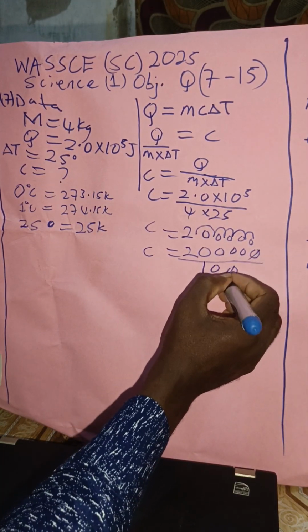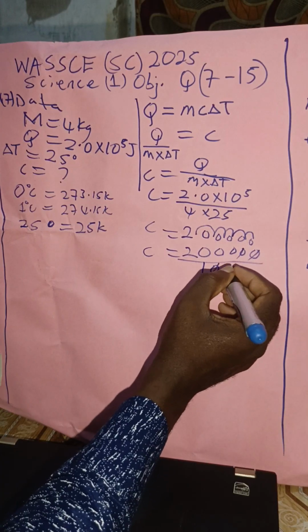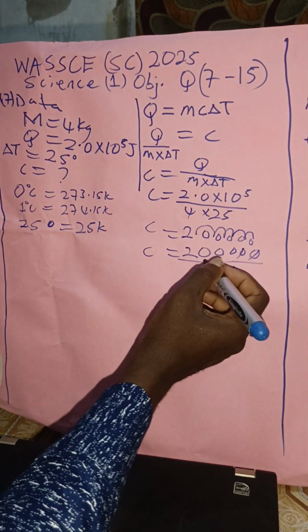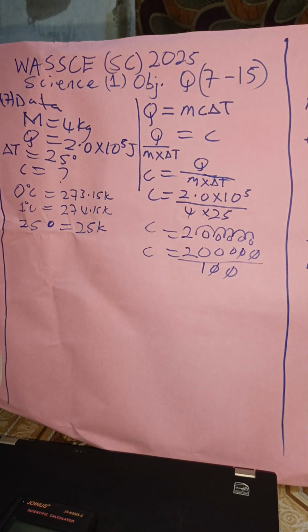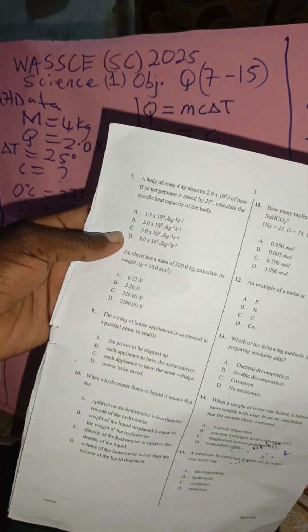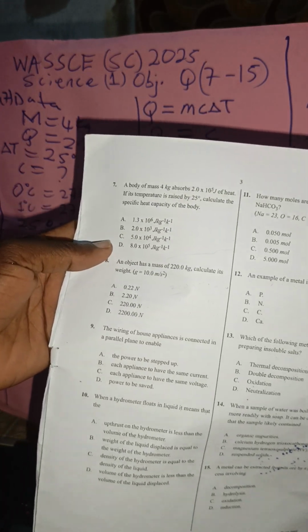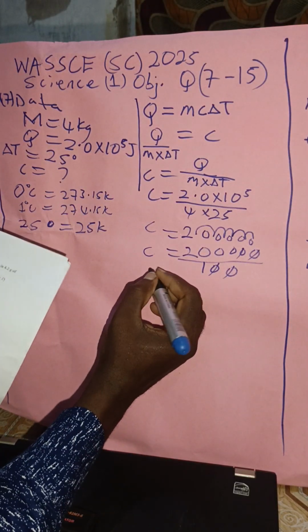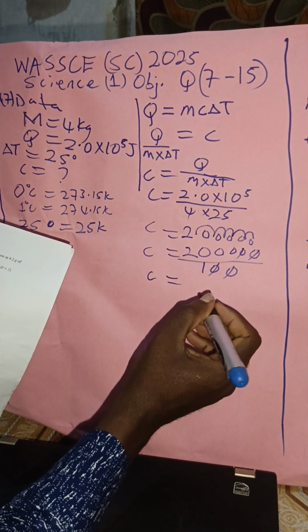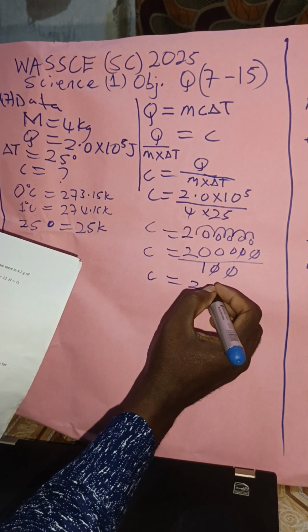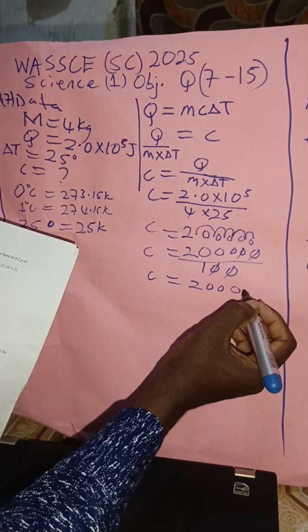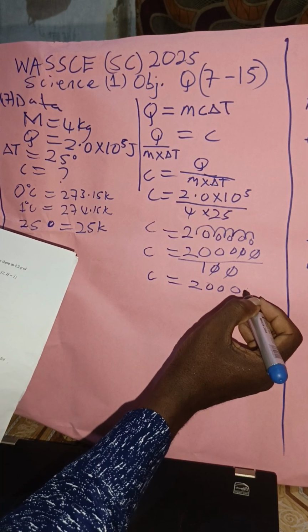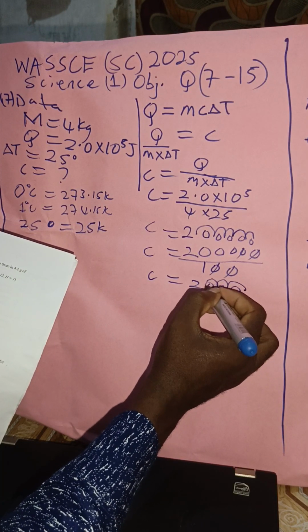Now the zeros cancel, and we are left with 2000. Their answer is in standard form, so our answer must also be in standard form. So C equals 2000. The decimal is here, and we move it 1, 2, 3.